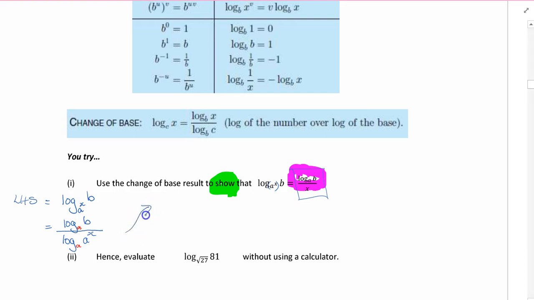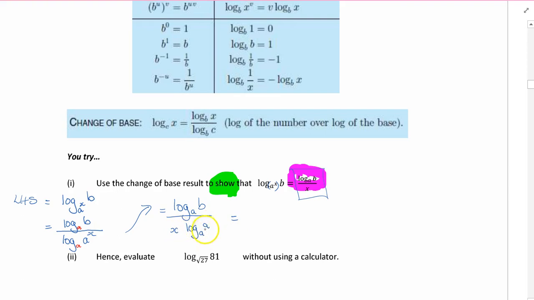Probably based mostly on where we're heading. With that in mind, we've got log of b, which I'm really happy about, to base a, because that's what I can see I need in the end. What's log of a to the x to base a, or log to base a of a to the x? Using that index rule, it's x times log to base a of a, but we know that log to base a of a is 1.